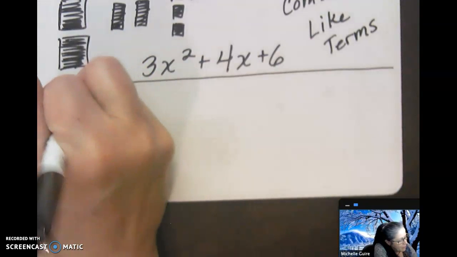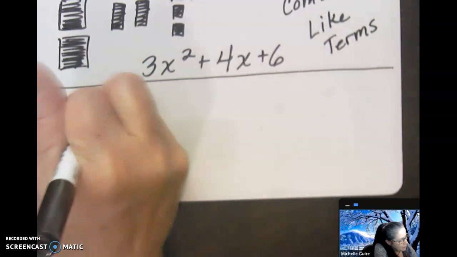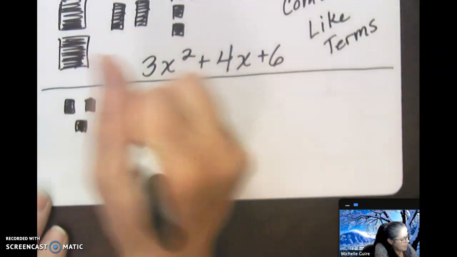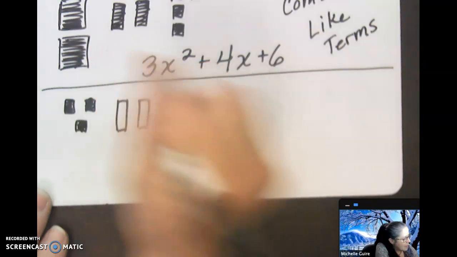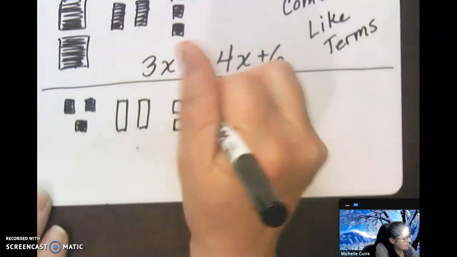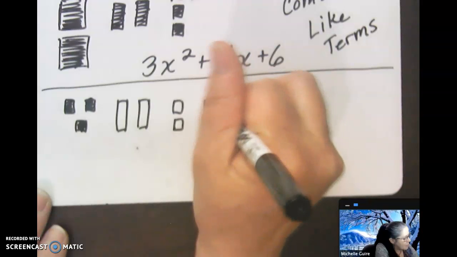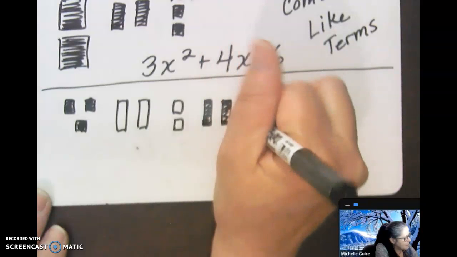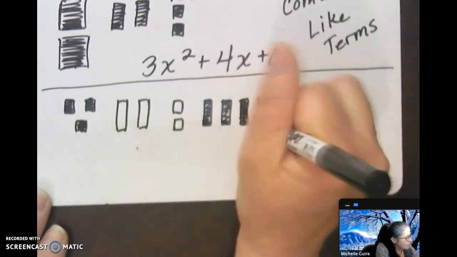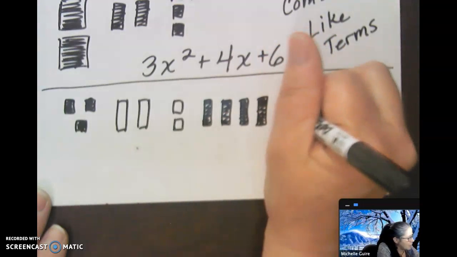So I'm going to draw 3 positives and 2 negative x's and 2 negatives and 4 positive x's and 5 more positive ones.